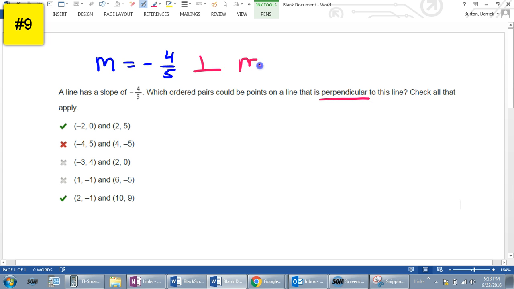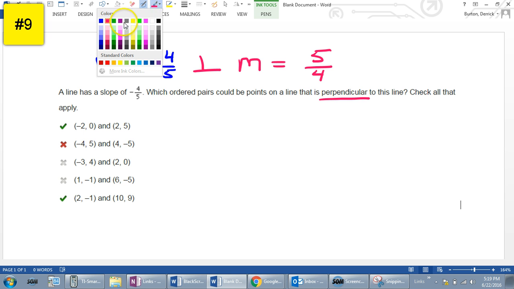What would be the slope of a perpendicular line to this one? That would be positive 5/4, opposite in sign and reciprocal. So any points on this pink line have to form a slope of positive 5/4. All we have to do is check the slopes and see if they give us positive 5/4.